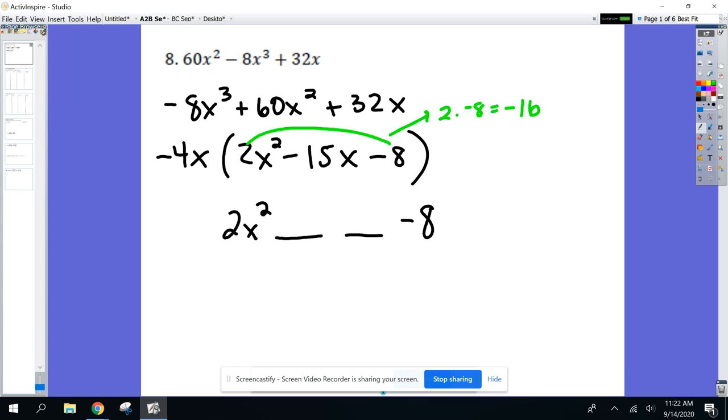Here's what we're going to fill those 2 middle terms in with: 2 numbers that multiply to negative 16 but add to negative 15 in the middle. So think about numbers now.